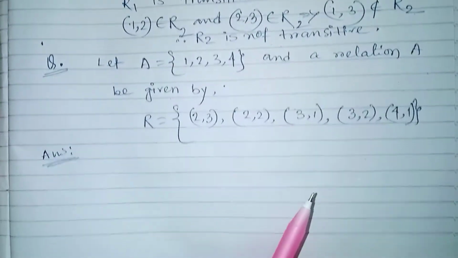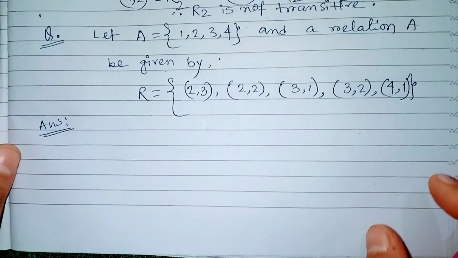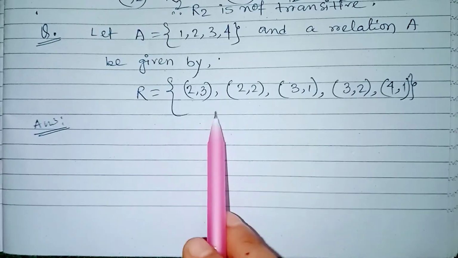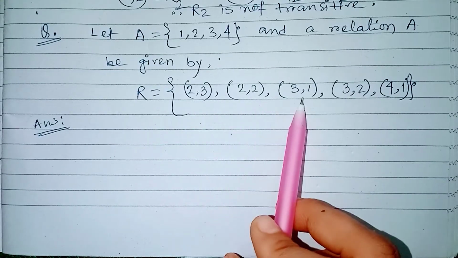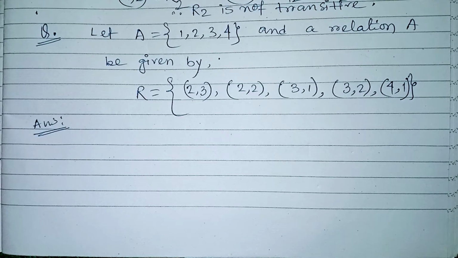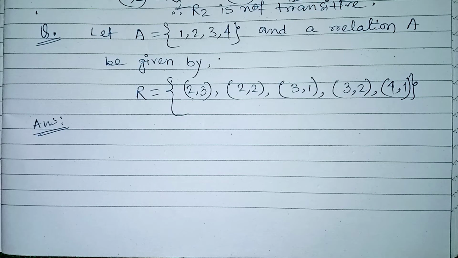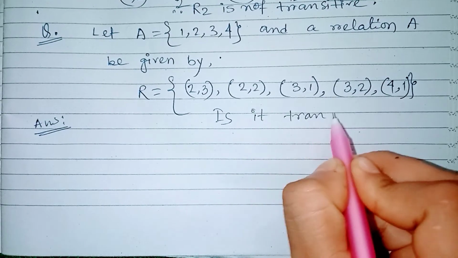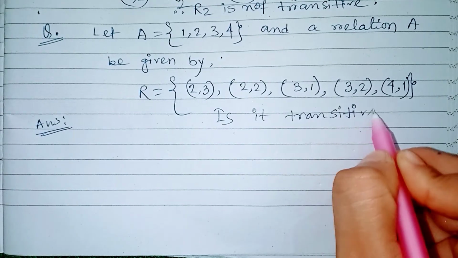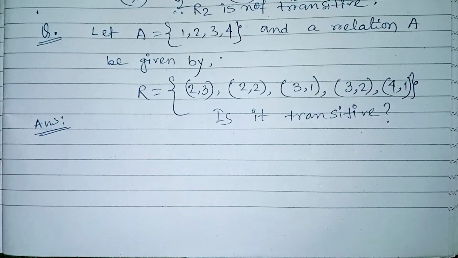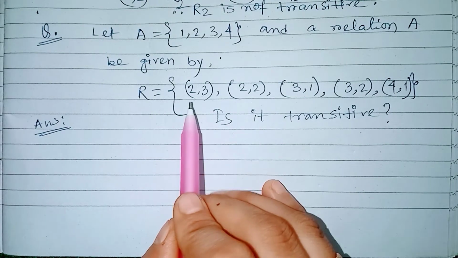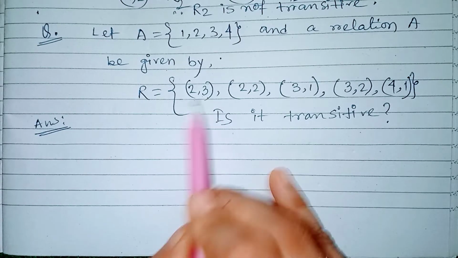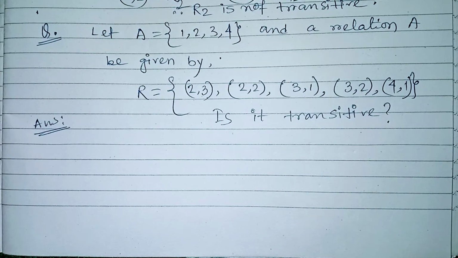Now here is an example. Suppose A is {1, 2, 3, 4} and a relation R is given by (2,3), (2,2), (3,1), (3,2), (4,1). Now we have to find out whether it is transitive. If one element ends with a term, we have to find another element that starts with this term.